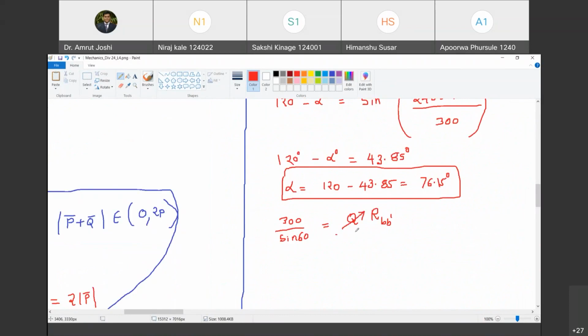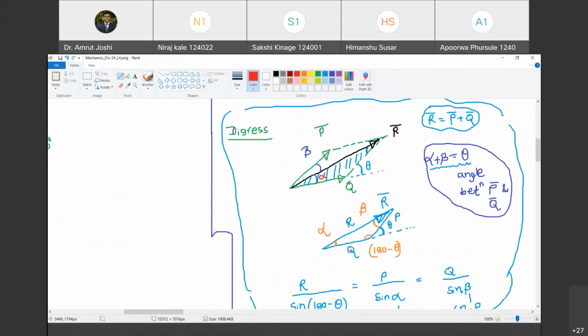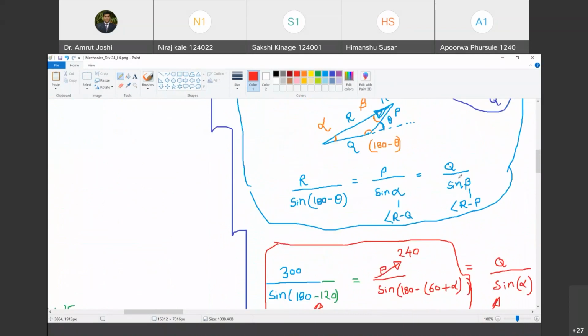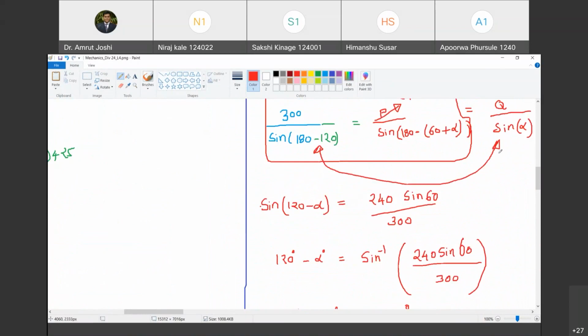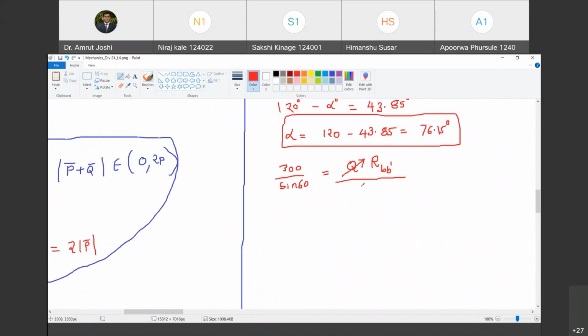Happy? Yes, sir. And that divided by sine of alpha. And what is the value of alpha? 76.15. So can we calculate now the component along BB dash? Yes, easily. You have to just multiply the LHS by sine of 76.15. So do that and let me know.